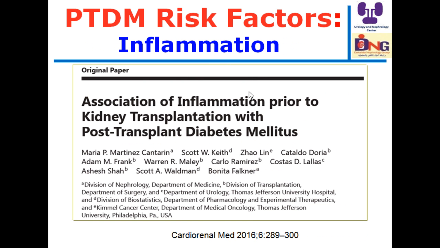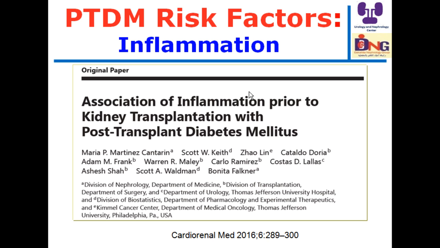There's another study showing that inflammation at the time of transplantation, prior to kidney transplantation, may increase the risk of post-transplant diabetes. Here, studying 36 controls and 32 transplant patients, of whom 11% developed post-transplant diabetes, compared to control, plasma TNF-alpha, interleukin-6, MCP1, and C-reactive protein levels were higher in transplant patients.